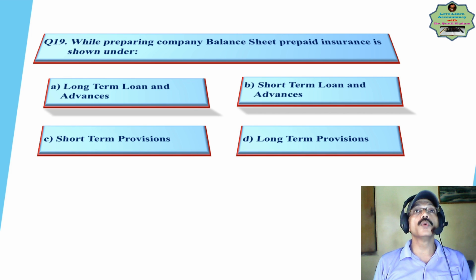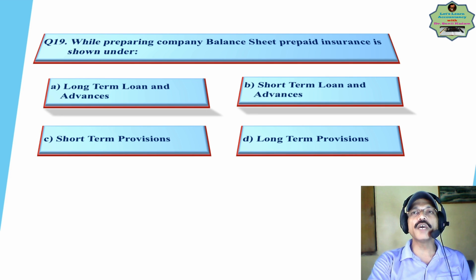Now we have to show, while preparing the balance sheet, prepaid insurance, that is insurance paid in advance, which is paid for, say, within 12 months, that's why it is an advance. Immediately in the following year it will be recovered. So long-term loans and advances are for more than 12 months.